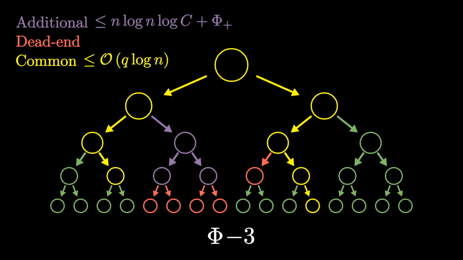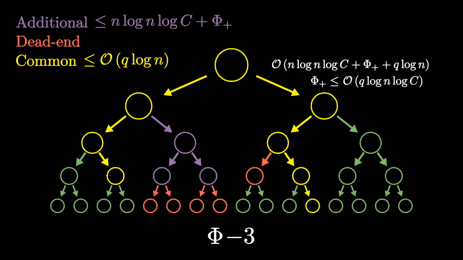At the same time, at each vertex of the tree, we do a constant number of operations, so the asymptotic of the algorithm will be equal to O of n log n log c plus phi plus q log n. So we only need to show that phi plus isn't bigger than O of q log n log c, and also that the potential decreases when we visit an additional vertex. Then we'll prove that our solution works as fast as we wanted it to.